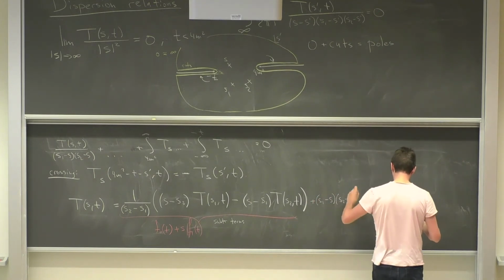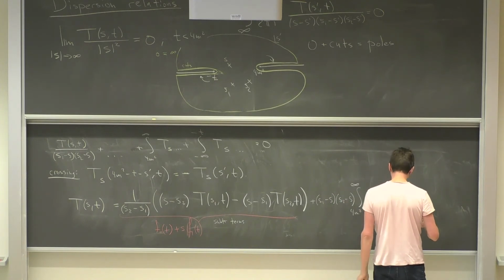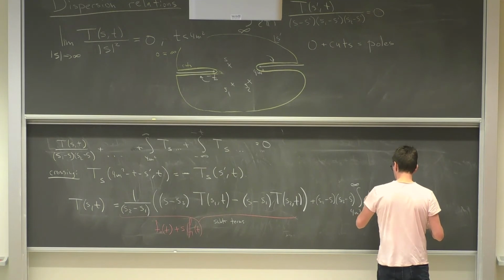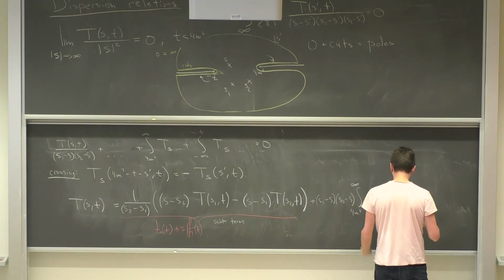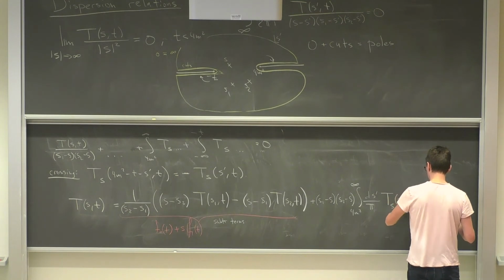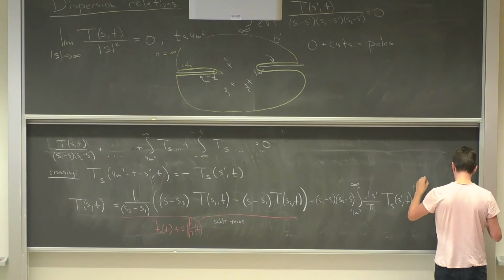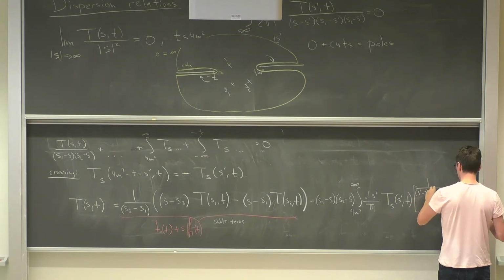And here we have an integral from 4m squared to infinity ds' of Ts s' t. And here we have, well, effectively it's just the same factor.